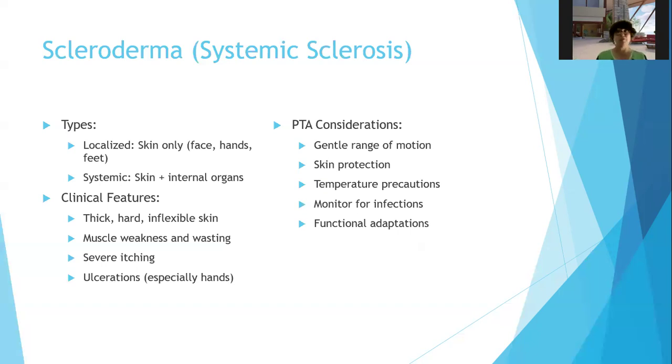It affects the muscles, weakness and wasting, severe itching, and ulcerations, particularly on the hands. So you want to work on gentle range of motion, skin protection, temperature precautions. Sometimes heat can be helpful for range of motion, depending on the person. You want to monitor for infection, as you do with everybody, and help people with functional adaptations if needed.